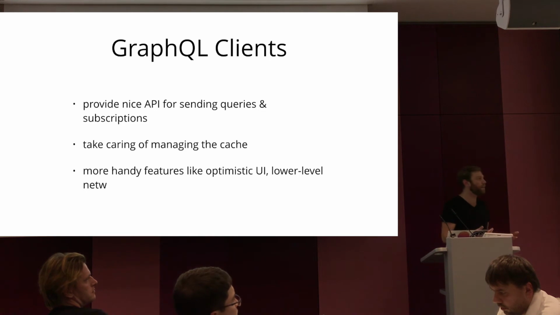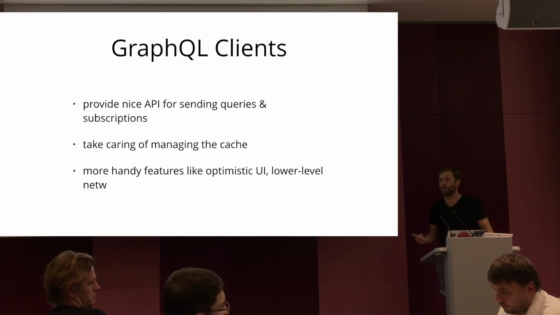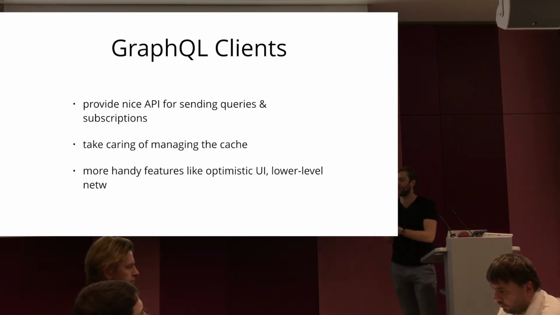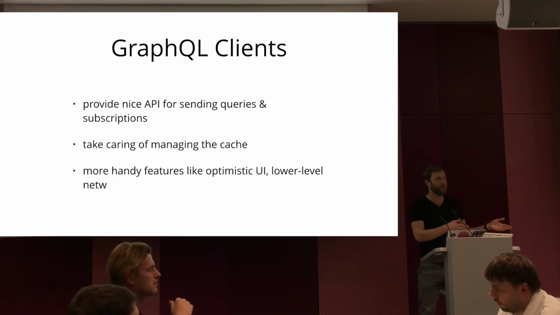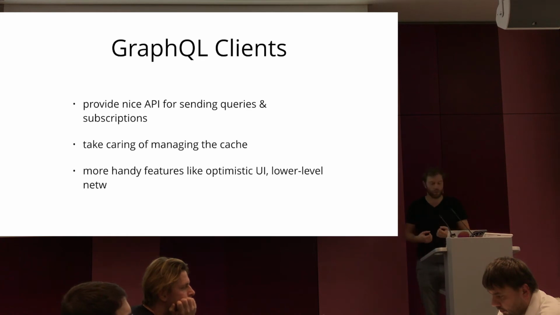The GraphQL client will receive the data from the server, put it into a cache, and then just make it available in the props of your component. So you don't have to take care of this whole data fetching process at all anymore. All you need to do is write the query, give that query to the client, and then work with the data in the props of your component. We're going to see how that works.